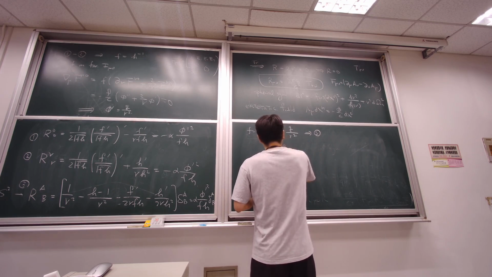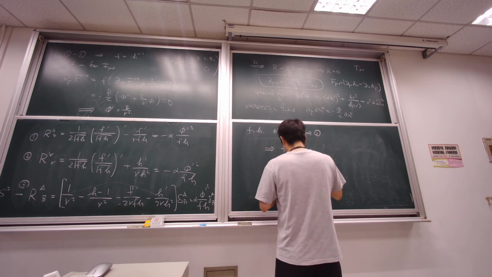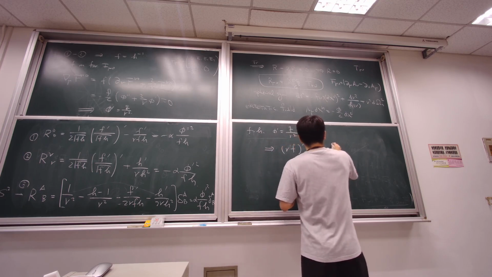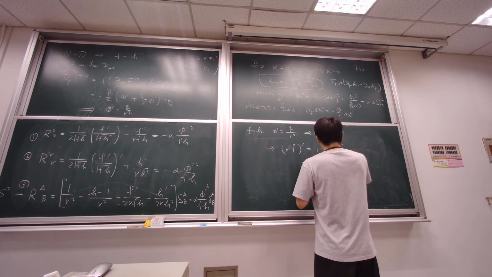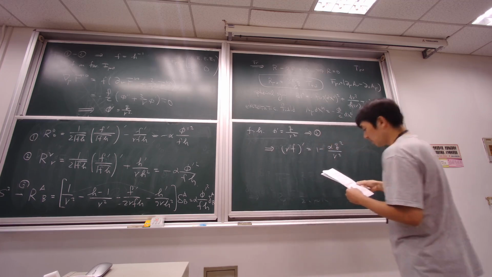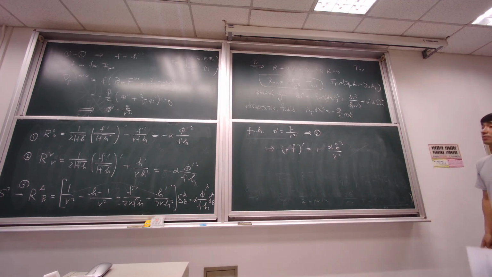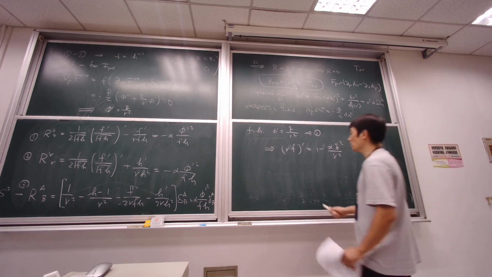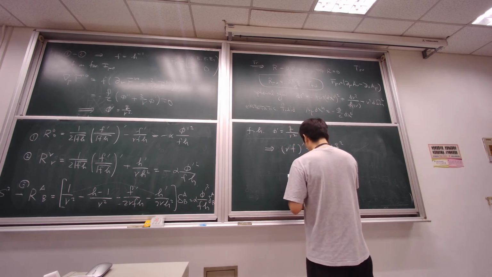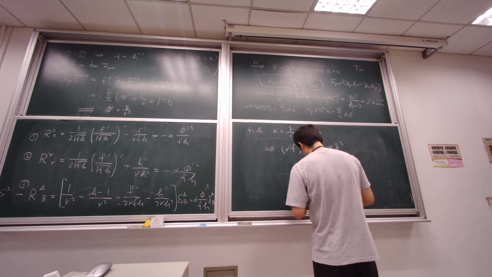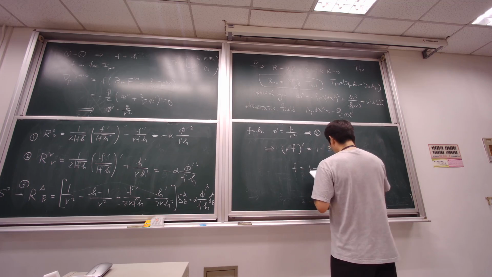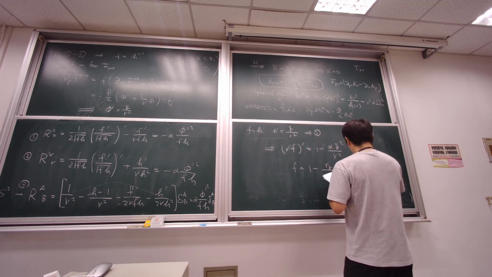Then f is indeed equal to r f prime is equal to 1 minus alpha q squared over r squared. That's what we obtain from number 3. Just solve this ordinary differential equation, and it's easy to find a solution, which is very easy to see, with r_g equal to R and alpha q squared.